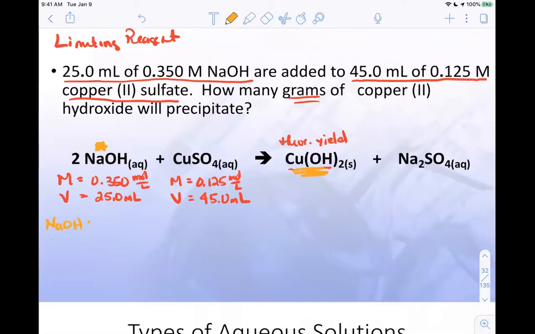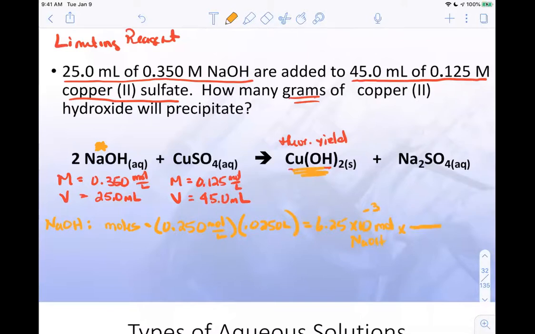For my sodium hydroxide, I have the moles is equal to 0.250 moles per liter times 0.0250 liters, which gives me 0.250 times 0.025. I get 6.25 times 10 to the minus 3 moles of sodium hydroxide.